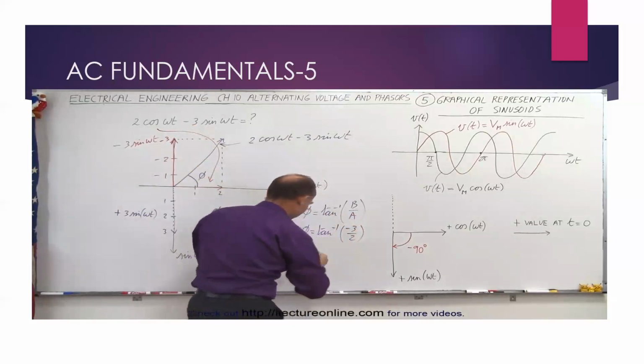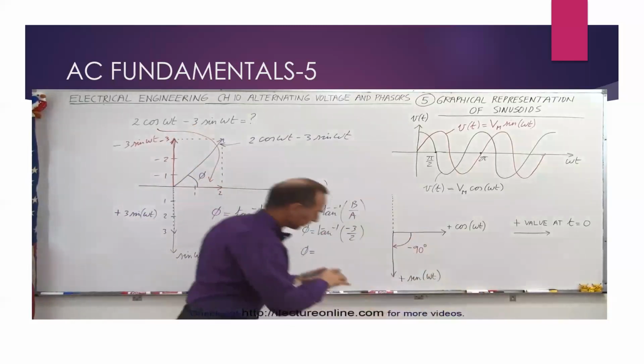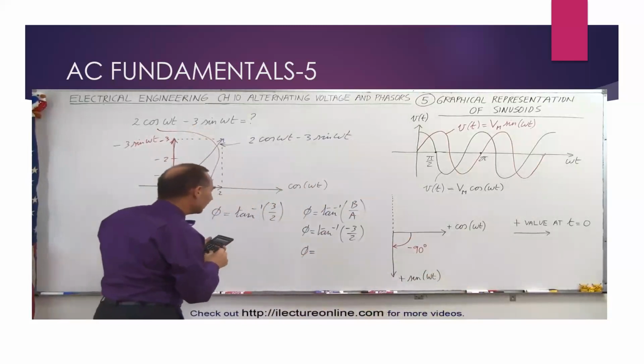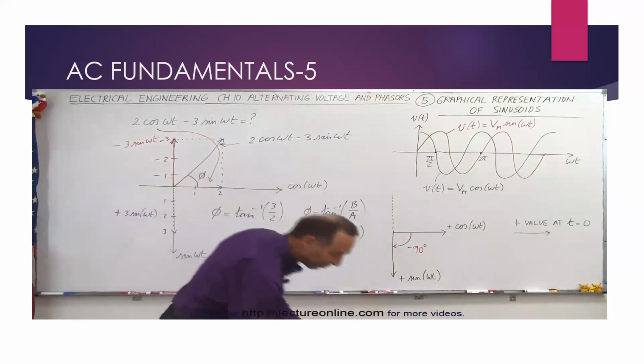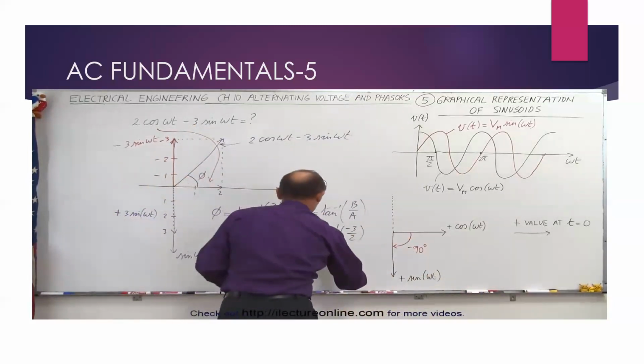If we then calculate that, we get a negative angle. So we get 3 divided by 2, that's negative, and take the inverse tangent of that, we get minus 56.3 degrees.